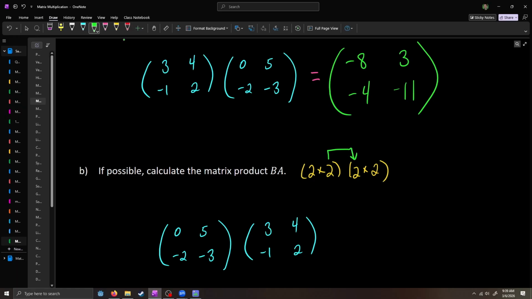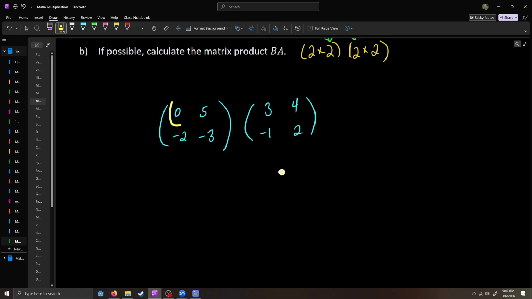There's a match here in these dimensions in the middle, starting with the dot product of row 1 and column 1. In this case, we get 0 times 3 and -1 times 5, result -5. Taking the dot product of row 1 and column 2, we get 0 plus 10, so that's 10.